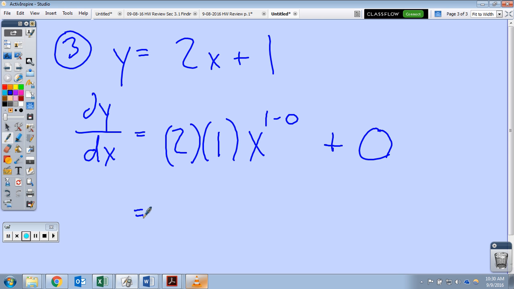And this is equal to 2 times x to the 0, which is just 2. The power of this was 1, even though it's not written.